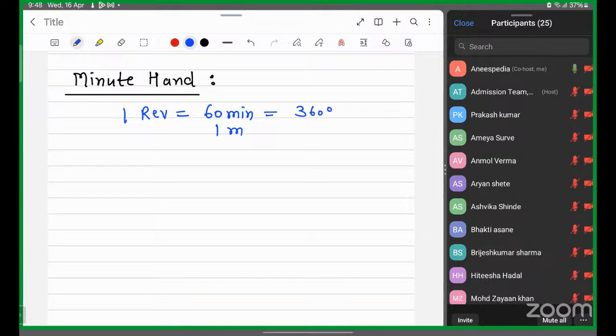So 1 minute will cover 360 divided by 60. So in 1 minute it will travel 6 degrees, right?